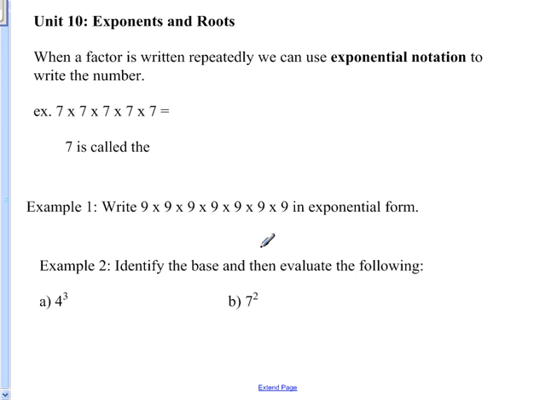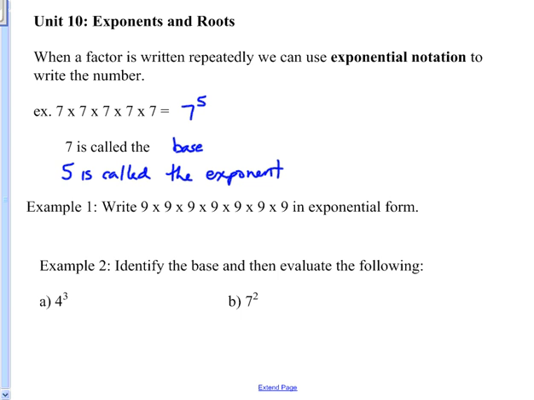Since 7 is being multiplied by itself 5 times, we would write that as 7 to the power of 5, which means the same thing as 7 times 7 times 7 times 7 times 7. Now in this case, we call 7 the base, and 5 is called the exponent, or sometimes we call it the power, but we usually call it the exponent.